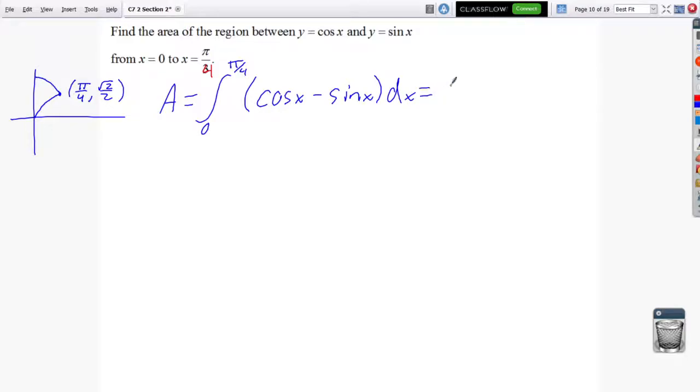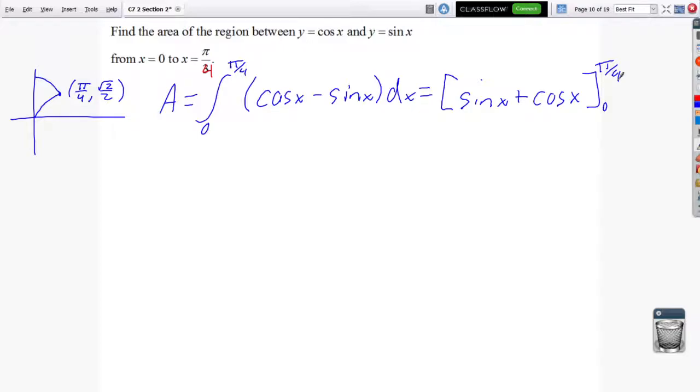But again, I'm trying to do this without my calculator. So here I want to put in my parentheses the antiderivative of cosine, which we know after struggling so much last chapter is positive sine, minus the antiderivative of sine, which we know is plus cosine of x, and we're stretching from 0 to pi over 4.